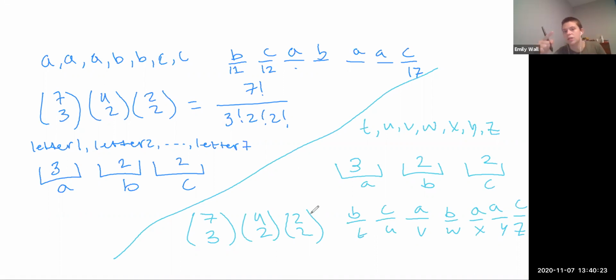This is the same string we wrote up above, like actually the exact same string. And even though each letter here is different, what we really care about is the different strings we can make with 3 A's, 2 B's, and 2 C's.